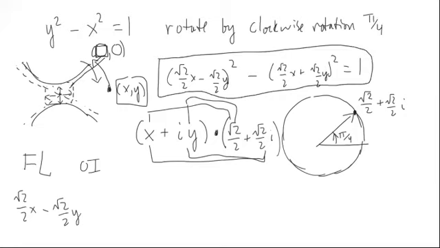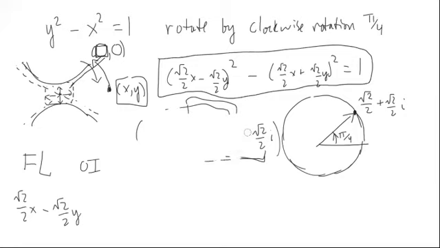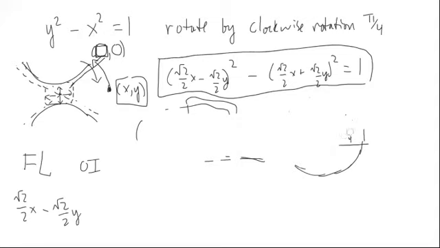All right. So let's do some simplification here. First thing I notice is I see a lot of coefficients that are the same. Wonder if we can do something with that. So we can factor a square root of 2 over 2 out inside of the square, right?